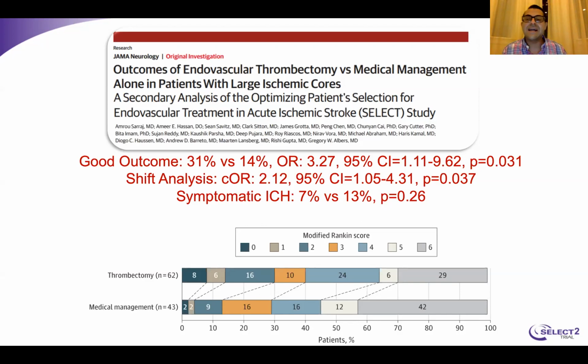So symptomatic ICH in the treated patients was 7% versus 13% in the medical management arm. Mortality was 29% versus 42%. And it did not reach statistical significance, but hey, if we have good outcome, that's what most of neurology cares about. Modified Rankin 0 to 2 at 90 days.